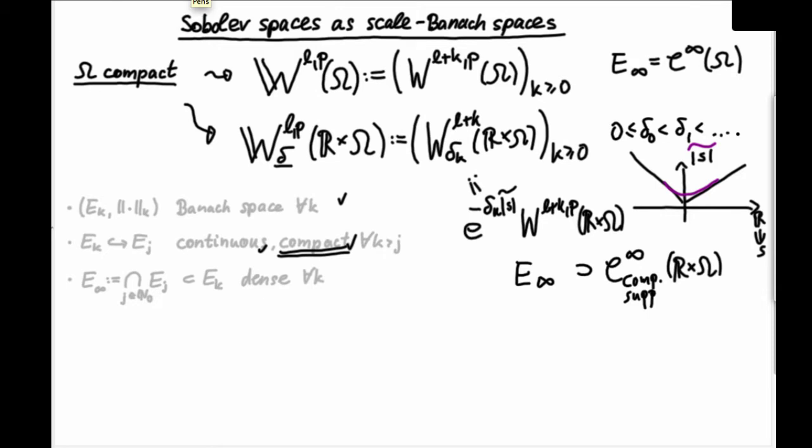So, yeah, you might have seen analysis for holomorphic curves with weighted Sobolev spaces. Here's one other reason why you want weighted Sobolev spaces, because they give you a nice scale structure.